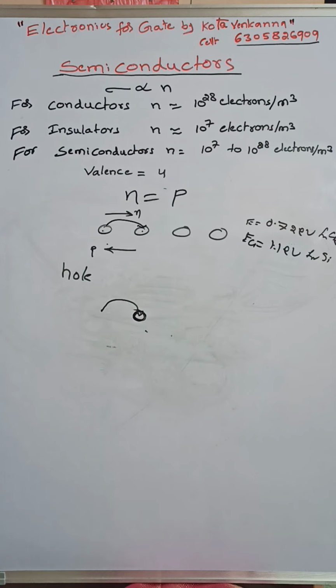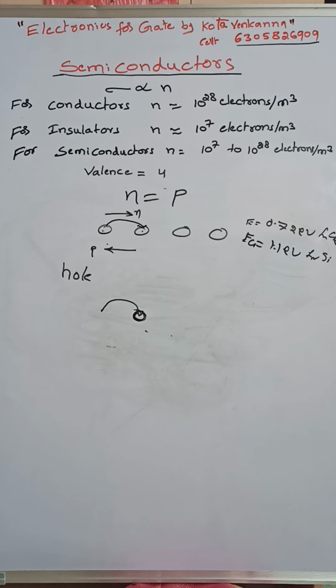For semiconductors, the concentration of free electrons lies in between conductors and insulators. Valence electrons of semiconductors are approximately 4, or half of the maximum valence electrons. In a pure semiconductor, the number of electrons equals the number of holes.